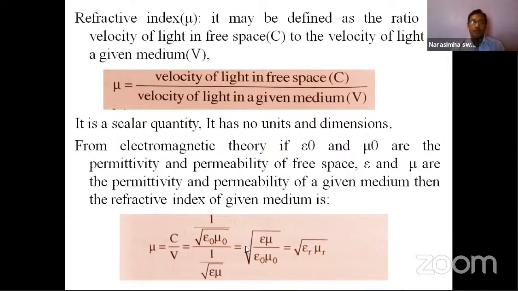So it becomes under root epsilon mu by epsilon naught mu naught, that gives under root epsilon r mu r. These two are called relative permittivity and relative permeability. So all these relations you should understand.